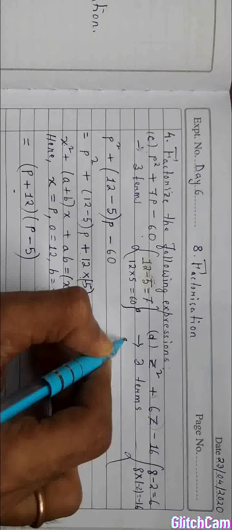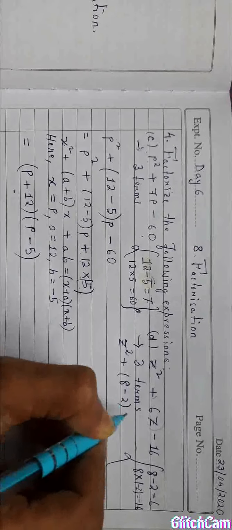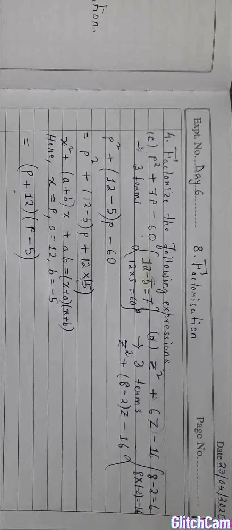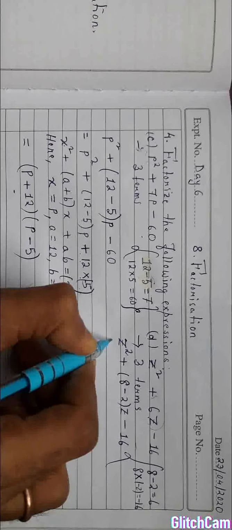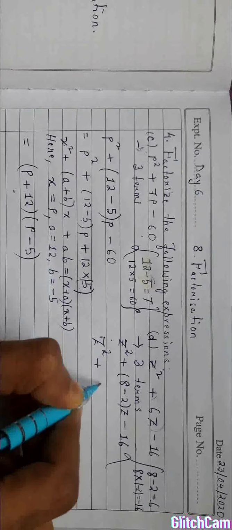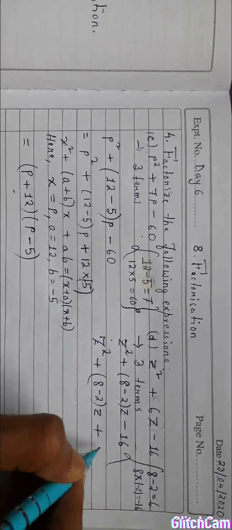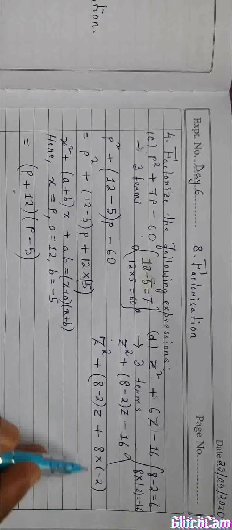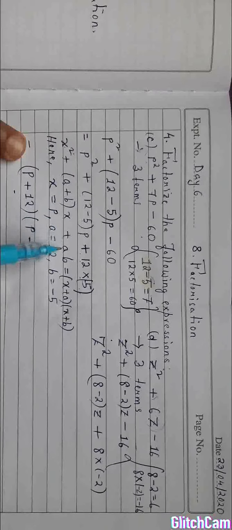So we'll write z square plus 8 minus 2 z minus 16, or z square plus 8 minus 2z plus 8 into minus 2, which is equivalent to this expression x square plus a plus b x plus a into b.